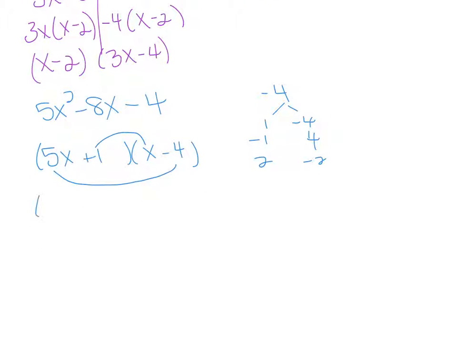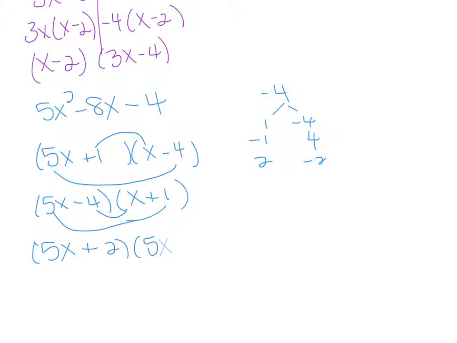If now I say 5x minus 4, x plus 1, then 5x and 1 is 5x, minus 4x, that would just be x. So that doesn't work. 5x plus 2, x minus 2. So I have negative 10 plus 2 would give me negative 8. So I'm good.